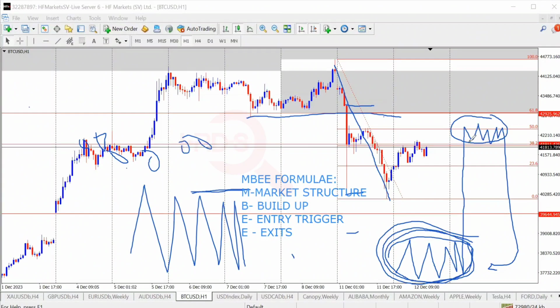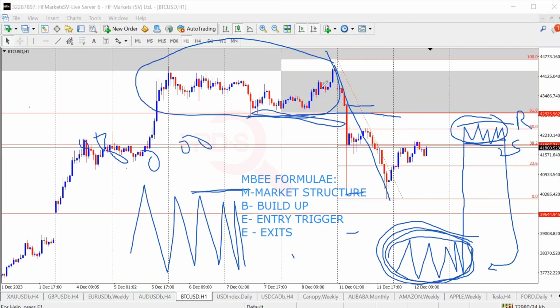You don't want to say this is support here, this is resistance here, this is resistance, this is support down here. You don't want to be selling here when market is consolidating after an uptrend. For instance, look at this. You don't want to be selling at this zone. If you must sell here, you must be selling up. Only be selling up. Okay? Don't sell down as support. All right? Don't sell down as support.